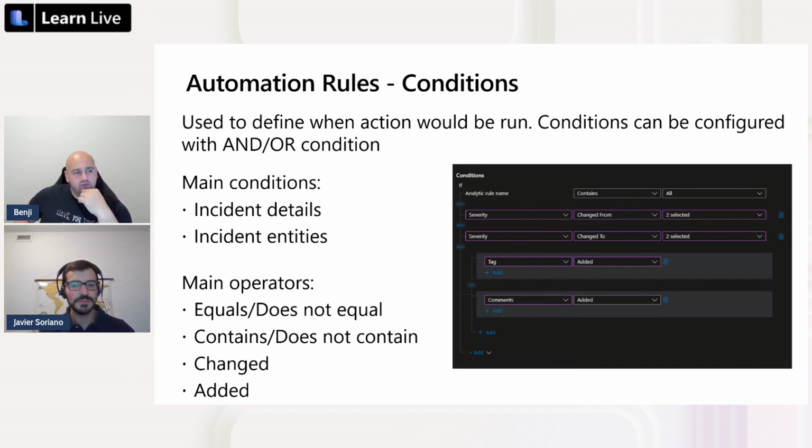Yes, actually. So very recently we added first condition that we can utilize custom details. So if you have any custom details inside of your Microsoft Sentinel incident, you can actually make conditions to filter based on those custom details that you are utilizing. Really great addition.